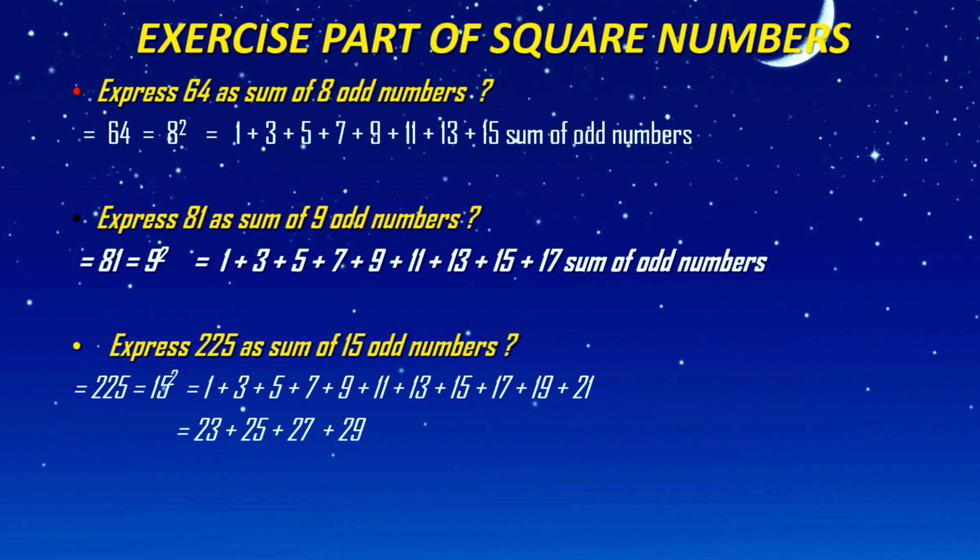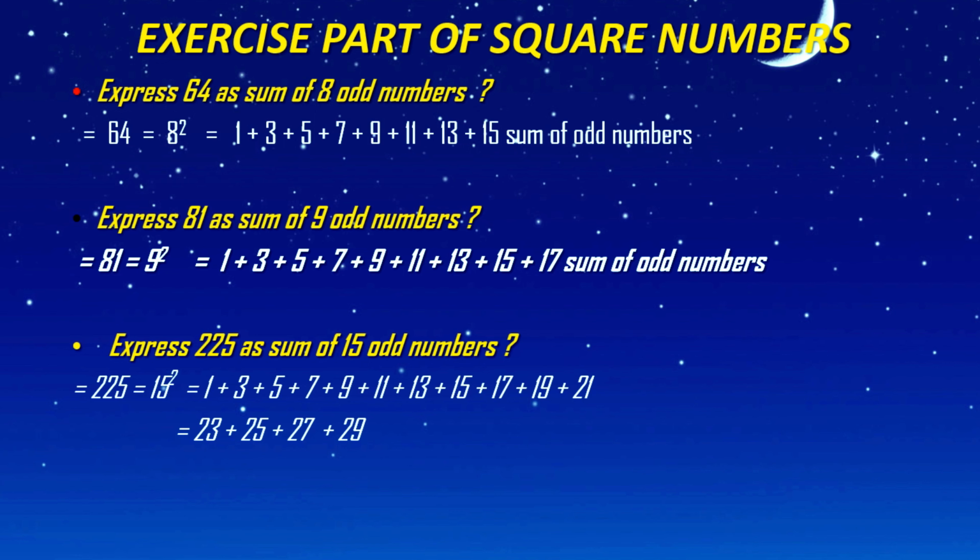Express 225 as a sum of 15 odd numbers. Let's go for the solution. 225. We should find 15 odd numbers. Let's start from 1. 1 plus 3 plus 5 plus 7 plus 9 plus 11 plus 13 plus 15 plus 17 plus 19 plus 21 plus 23 plus 25 plus 27 plus 29. These are all 15 odd numbers.